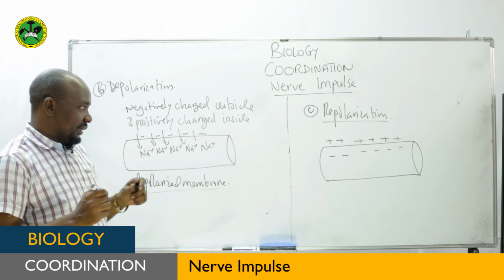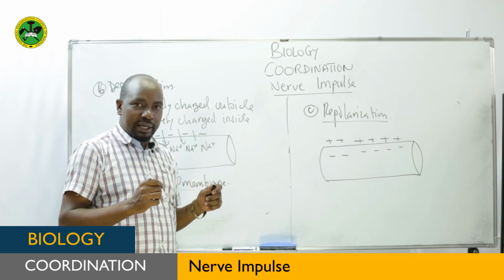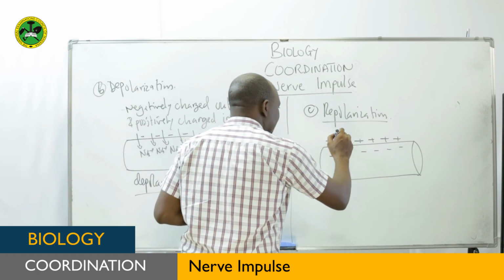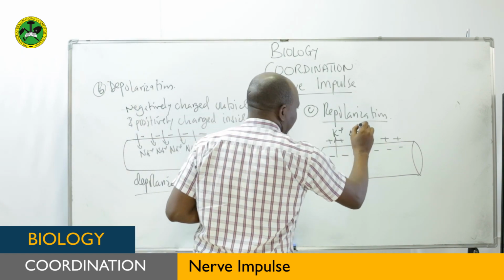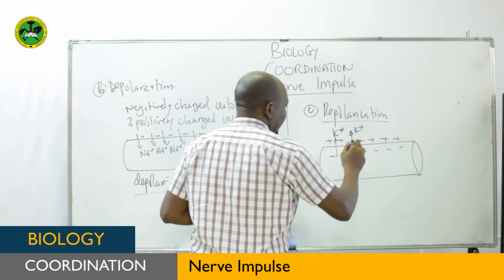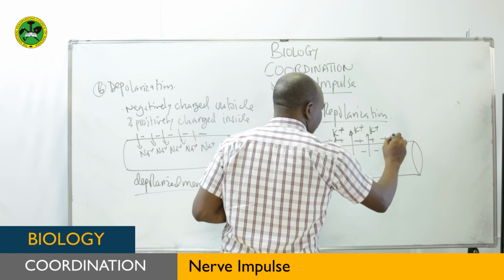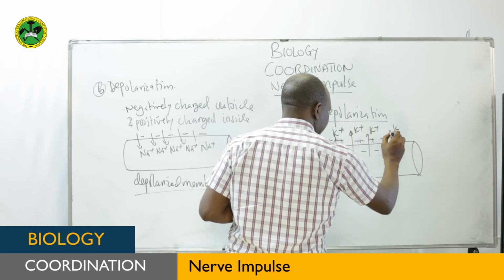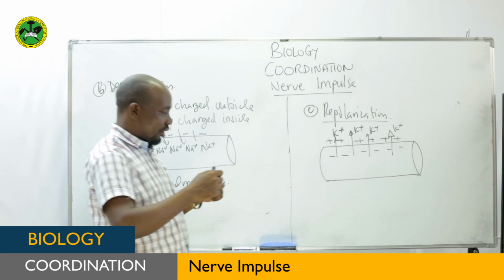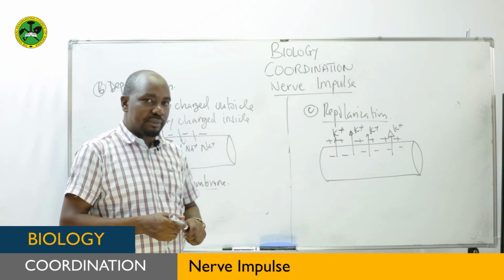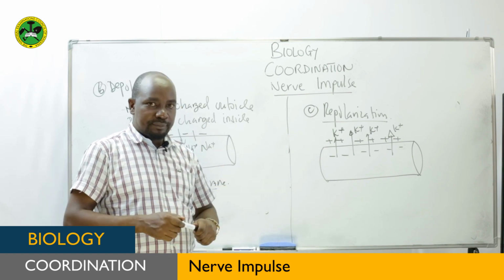But the difference from the polarized membrane is that it is positively charged outside by potassium ions. So the potassium ions, after the passage of the nerve impulse, leave the axoplasm to the outside.